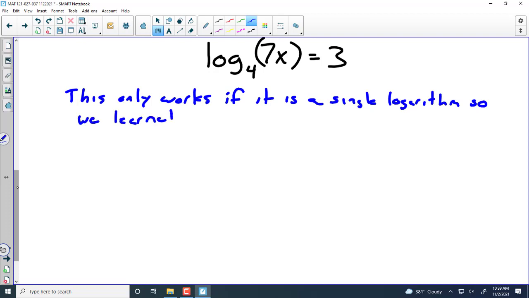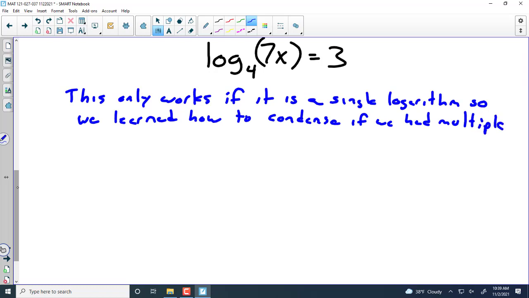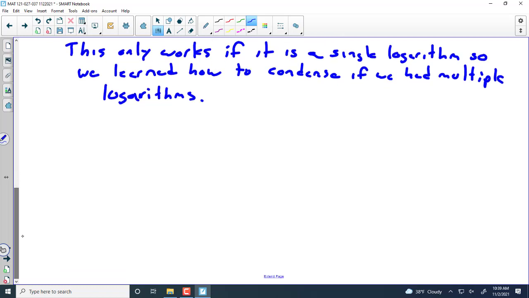So we learned how to condense if we had multiple logarithms.